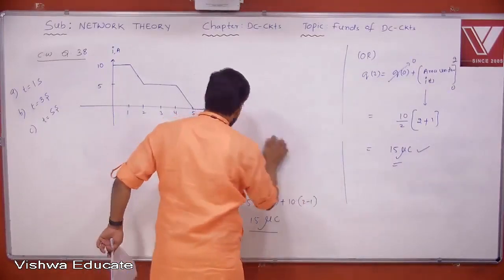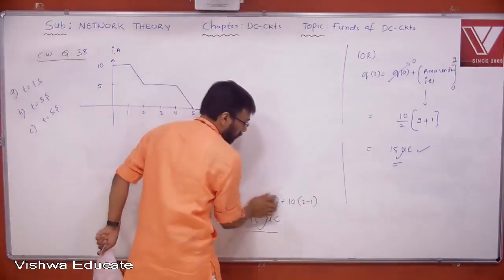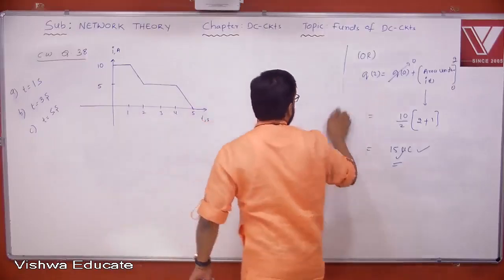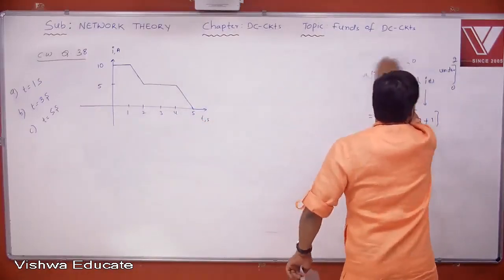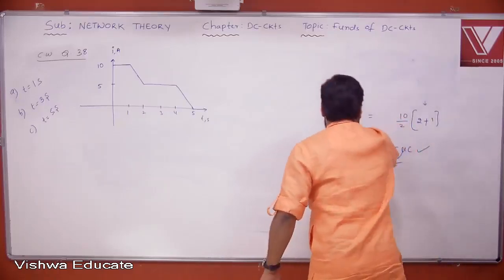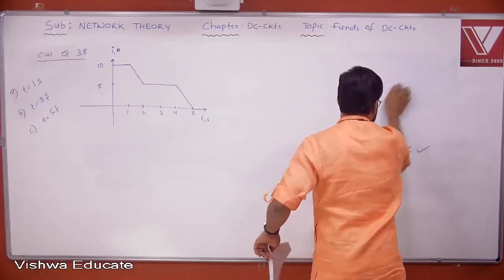What is it asking? Charge at instant 1, Q of 1. What do you mean by Q of 1? It is Q of 0 plus, yes or no? Q of 1 is nothing but Q of 0 plus the integration of the current between 0 to 1.